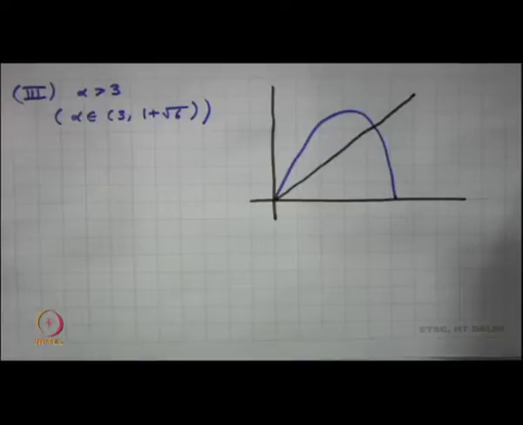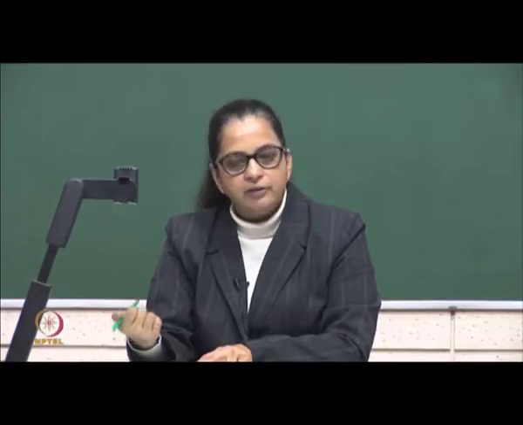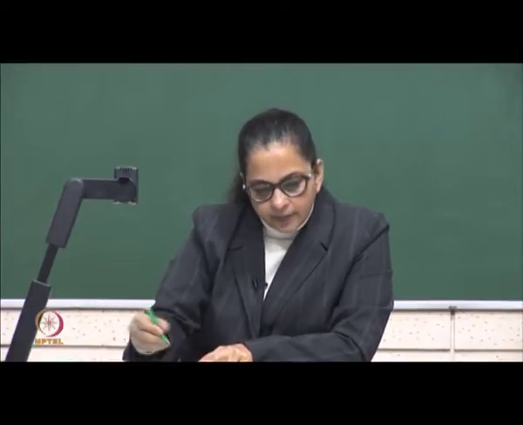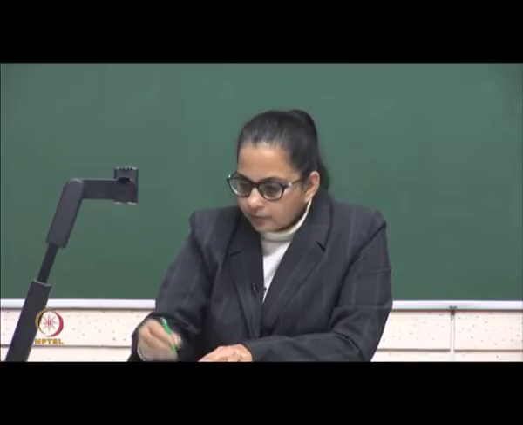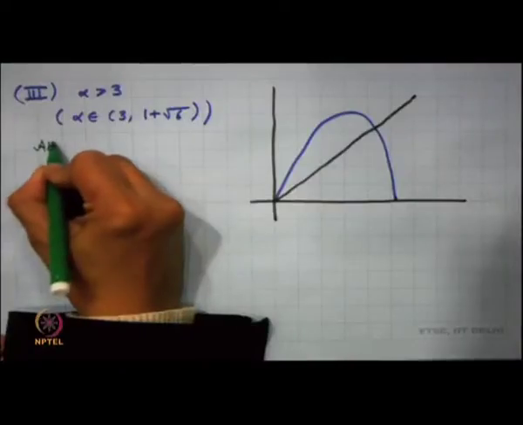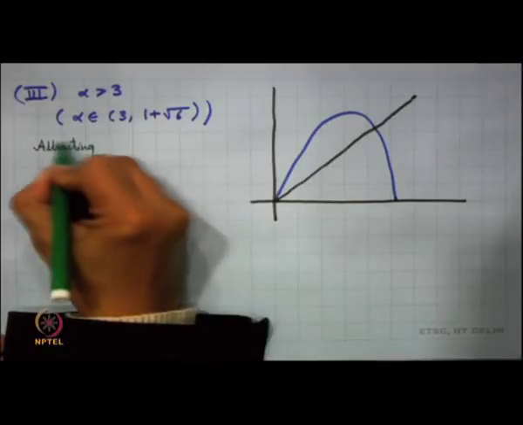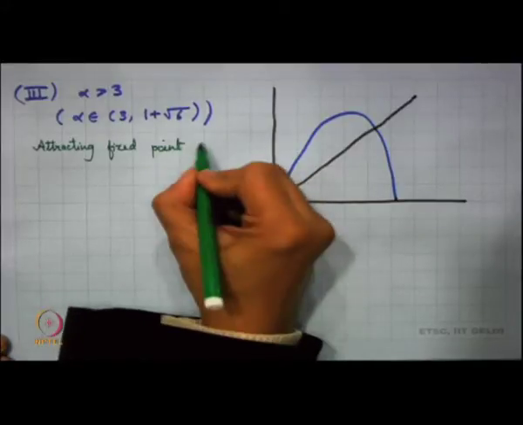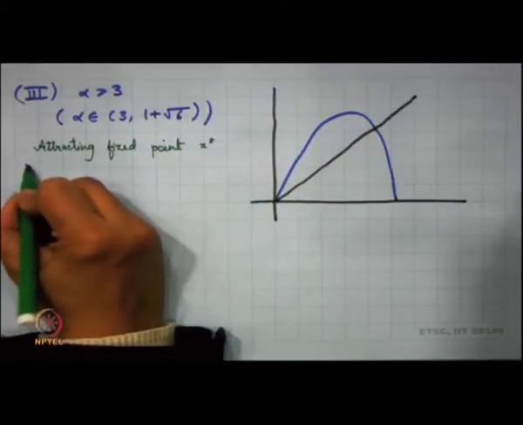Once alpha is greater than 3, we have already seen what happens to the fixed points. 0 is already a source, and now even x star becomes a source, because the modulus becomes greater than 1 there. So, this attracting fixed point now becomes repelling.